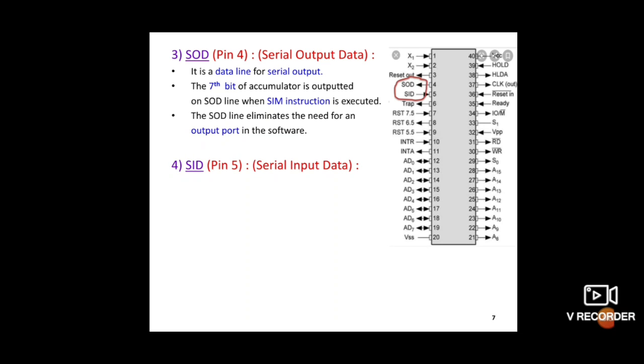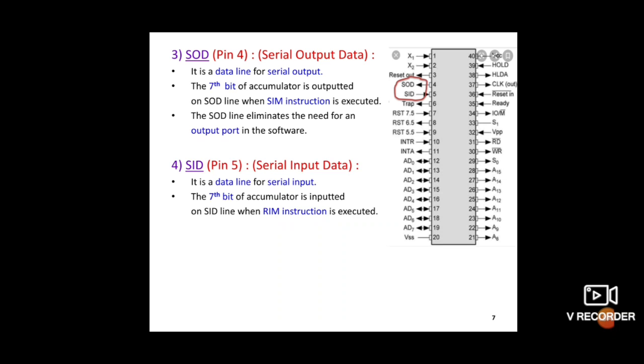Now the next pin is SID, pin number 5. SID means serial input data, the opposite of SOD. Same here, it is a data line for serial input instead of serial output. The SID pin is used for serial input. The 7th bit of the accumulator is input on the SID line when a RIM instruction is executed.